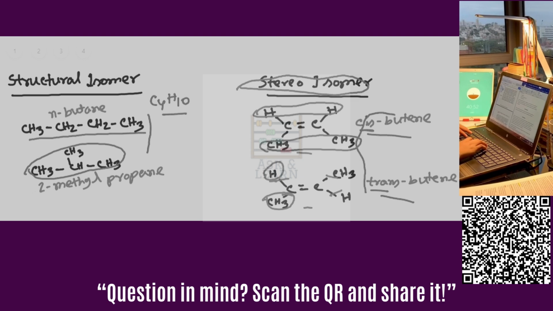So this cis and trans isomerism are basically called geometric isomerism, which is a form of stereoisomerism. So the stereoisomers have the same molecular formula, the same arrangement of bonding between atoms, but they have different spatial orientation of atoms around the central atoms.